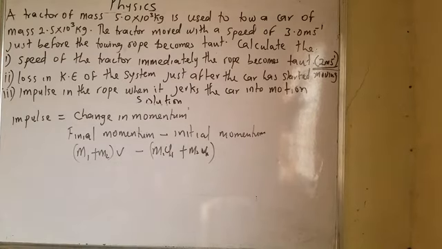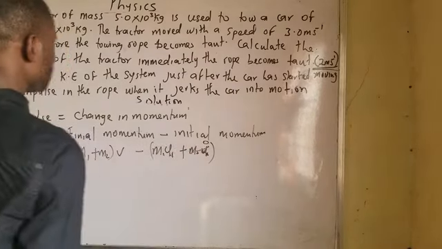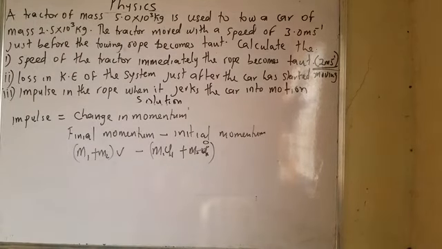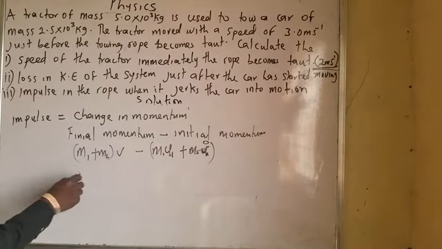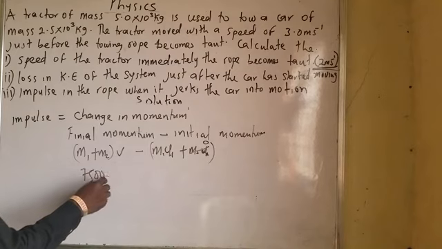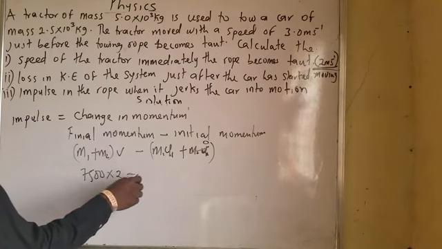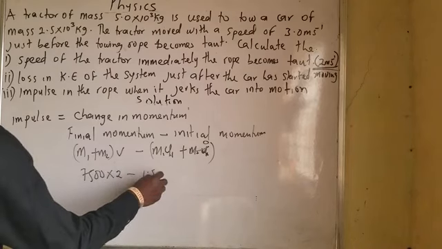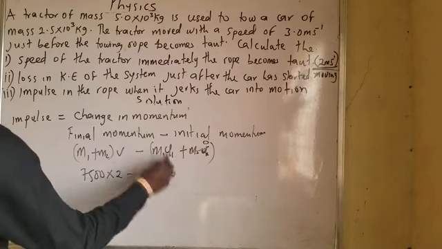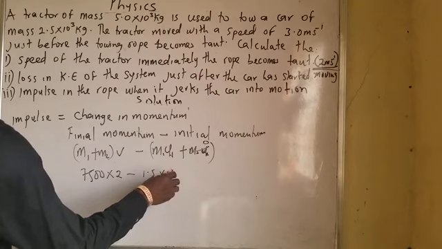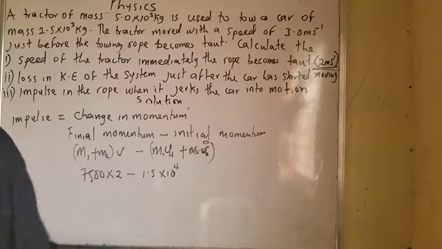Now, definitely, this will surely give me 0 because we are talking about 0 meters per second. It means I'm talking about 7,500 multiplied by 2 minus 5.0 times 10 raised to power 4, which is going to be 15.